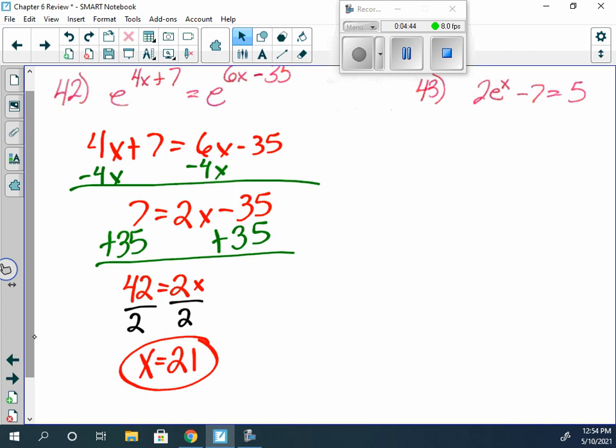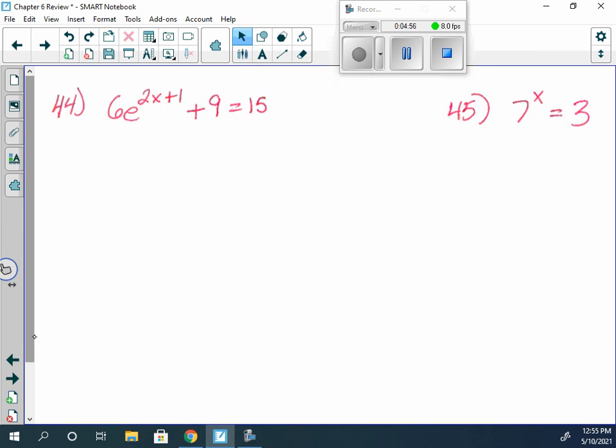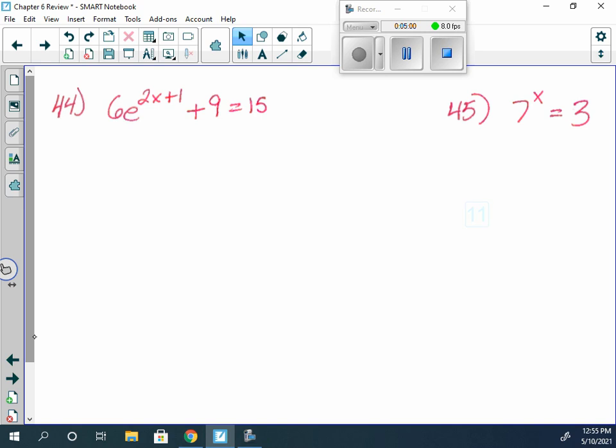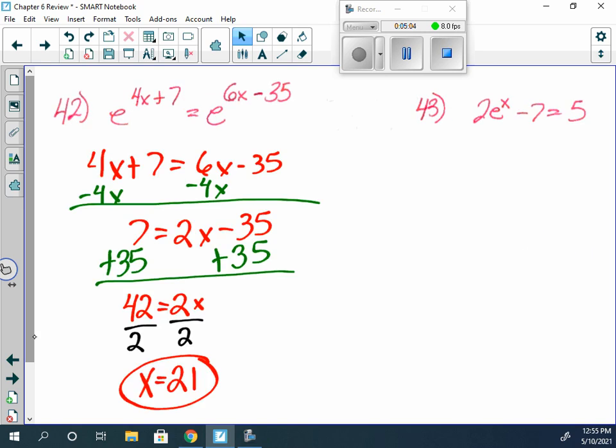Any questions on this here? Questions on 43? Because I think we have 43 and 44. Because I think we did 44 on Friday. And 43 is going to be the exact same as 44.